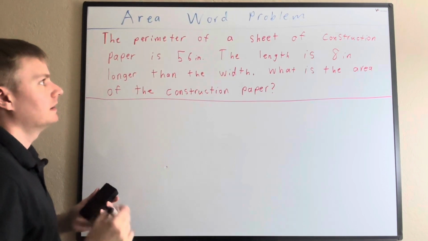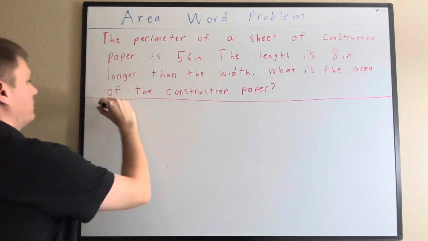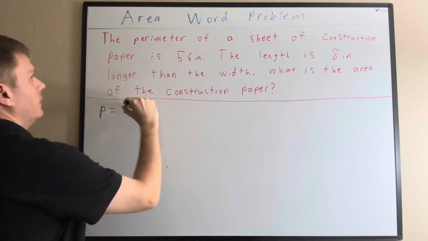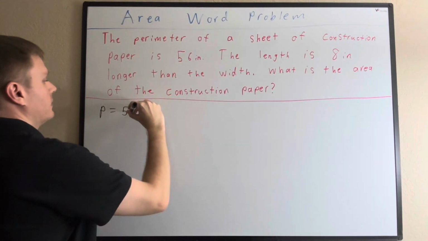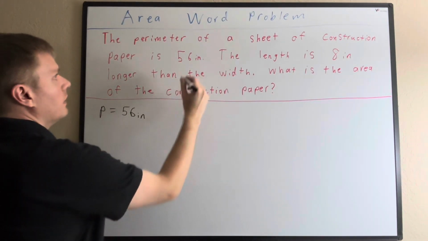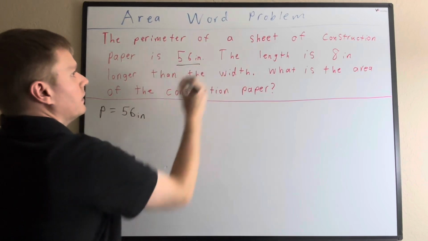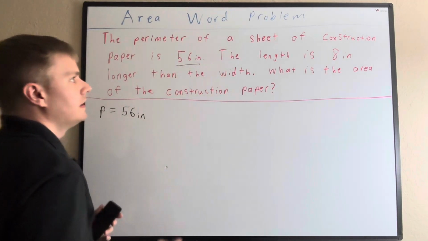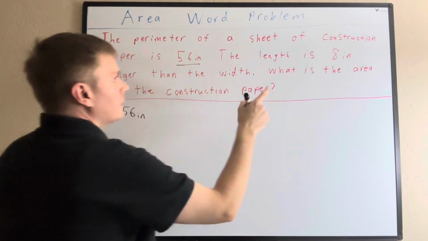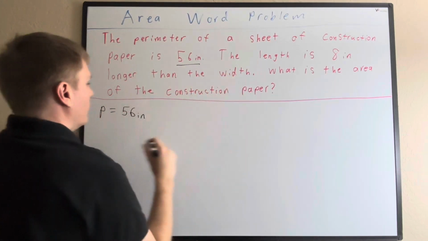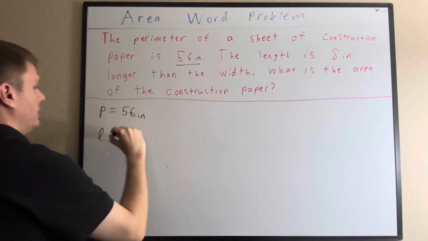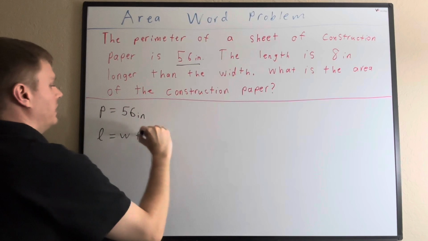Well, let's go over what we know. We know the perimeter is 56 inches. Okay, got it. The length is 8 inches longer than the width. So length is the width plus 8.